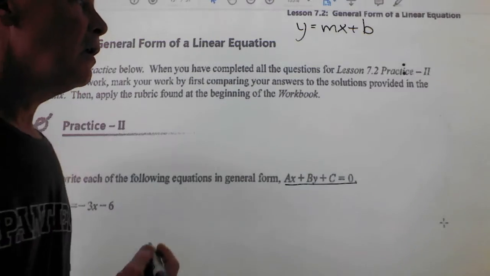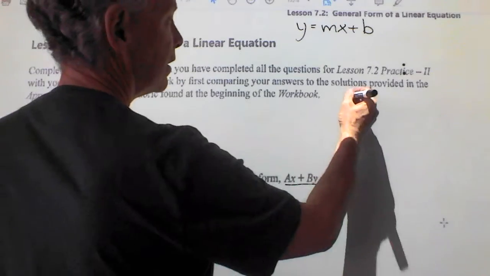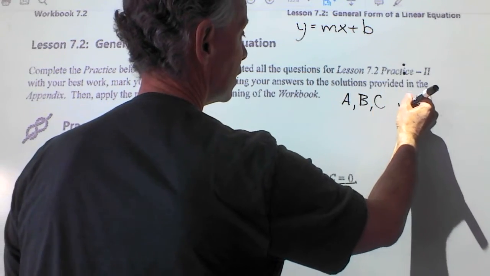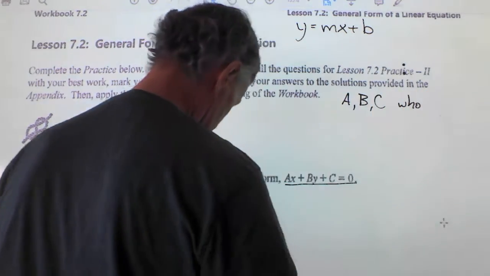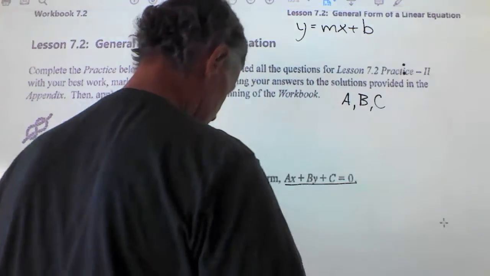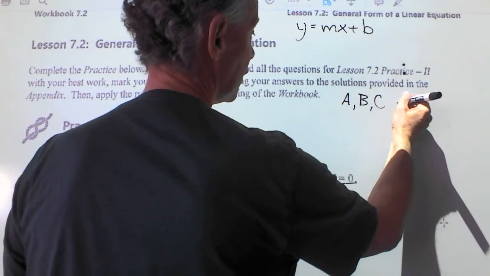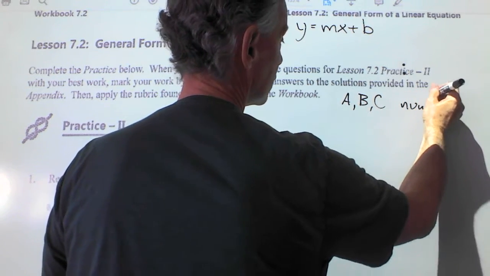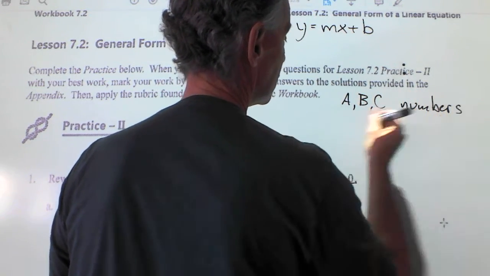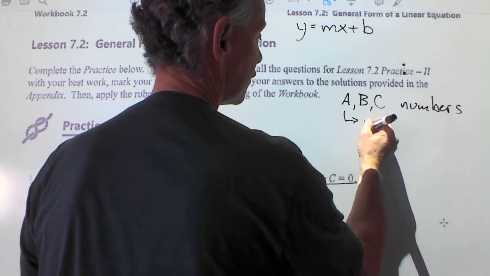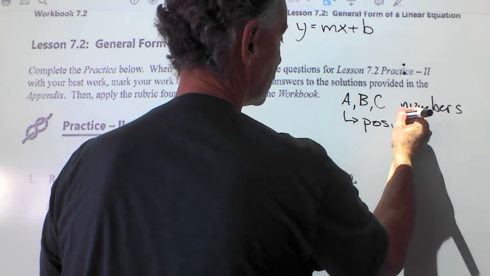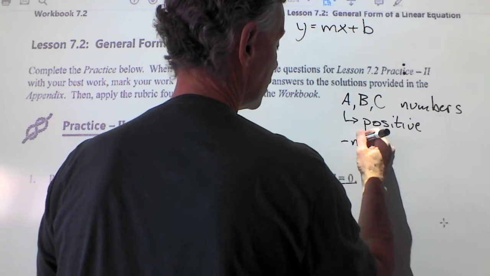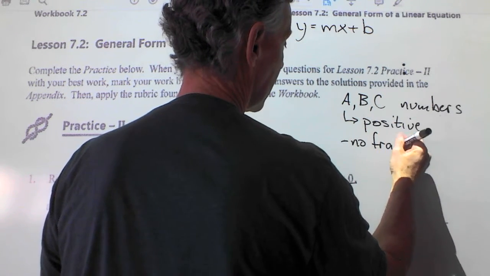And remember, we said that A, B, and C are coefficients or numbers. A has to be positive, and no fractions or decimals allowed.